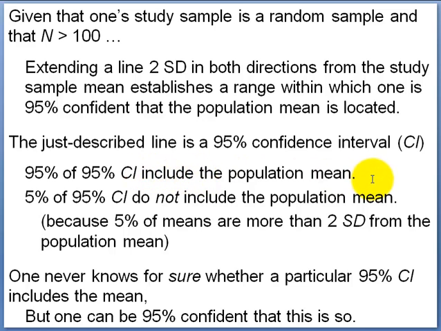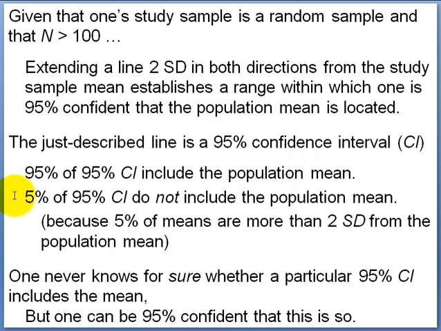So in other words, confidence intervals don't always include the population mean, but in the long run, 95% of 95% confidence intervals do so. So that for each given confidence interval that you form in a given study, you can be 95% confident that the population mean is located within the range that that interval defines.